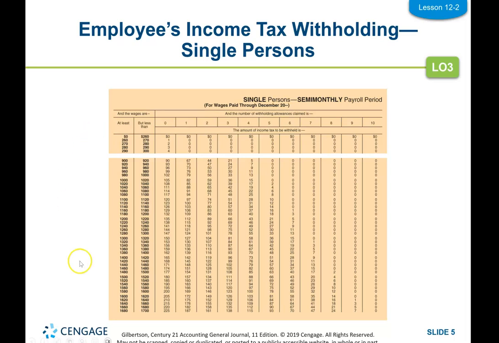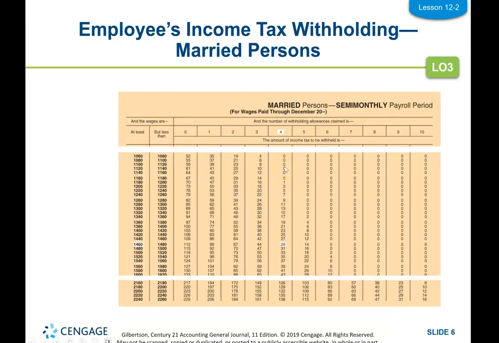So you look at how much you earned in that pay period, and then you look at the number of allowances, and they'll tell you the amount of tax you have to withhold from the paycheck. Very straightforward, very easy. There's a separate chart for married. Remember John Butler, he earned between $1,460 and $1,480 and had 4 allowances.